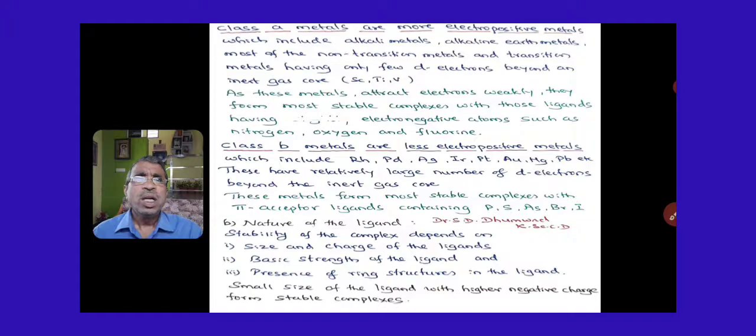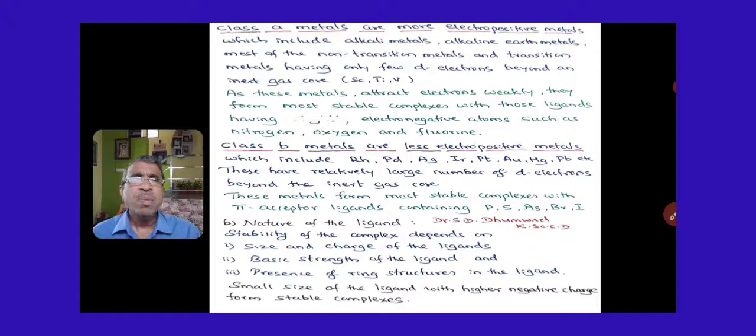Now, the class A metals: all these class A metals attract electrons weakly. They form most stable complexes with those ligands whose donor atoms are of high electronegativity, such as nitrogen, oxygen and fluorine.